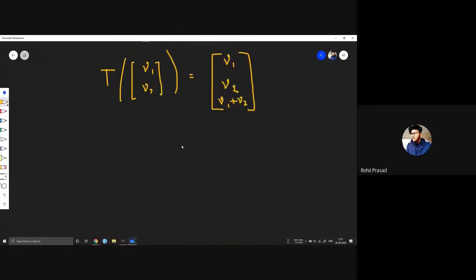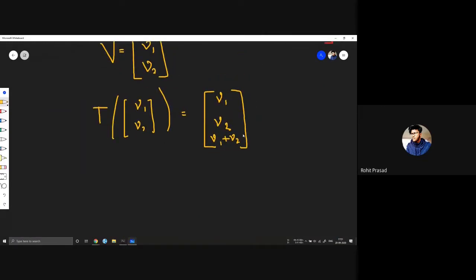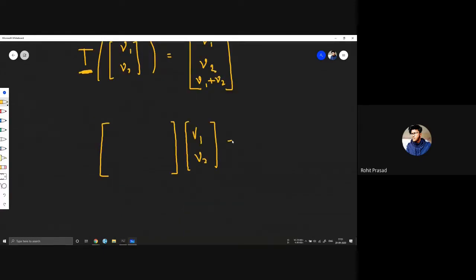Some transformation of vector space from one vector space to another vector space can be represented as a matrix as well. Like if we take a T from this to this, we can say that there exists a matrix which takes this v1 and v2 from this vector space to this vector space, v1, v2, and v1 plus v2.